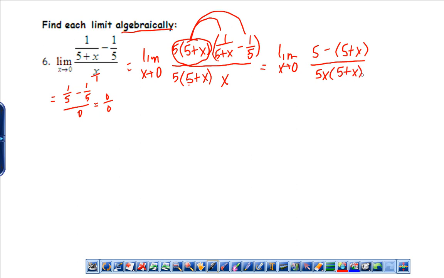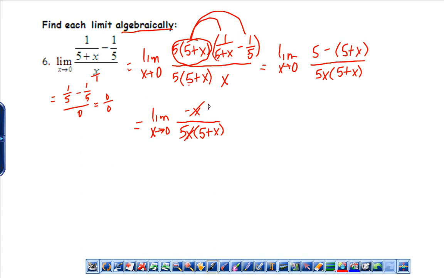Now, is there any more simplification I can do? Yeah, I can clean up that numerator. That becomes 5 minus 5, which is 0, minus x over 5x, 5 plus x, and just keep going. Because even at this point, if I were to plug 0 in, I would get 0 over 0.